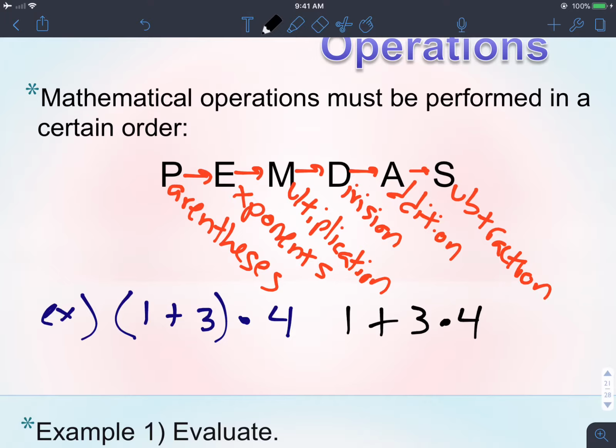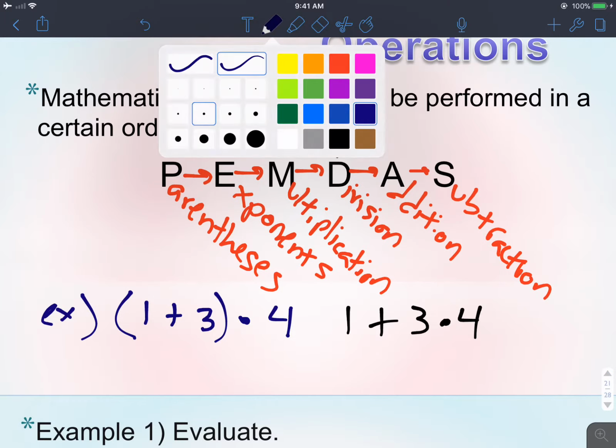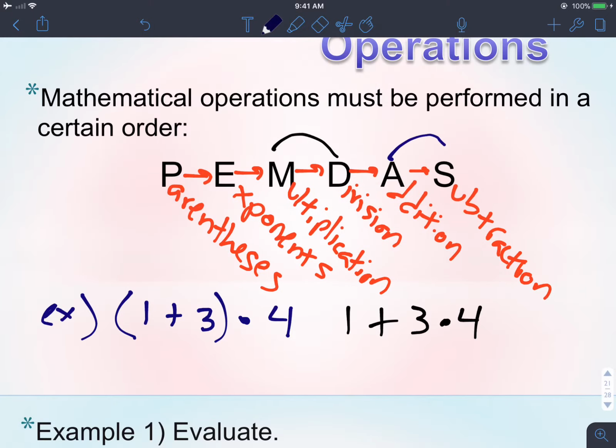Then exponents. Then multiplication and division. You can kind of do those at the same time. And then addition and subtraction is very last. You will get 2 different answers for these things.